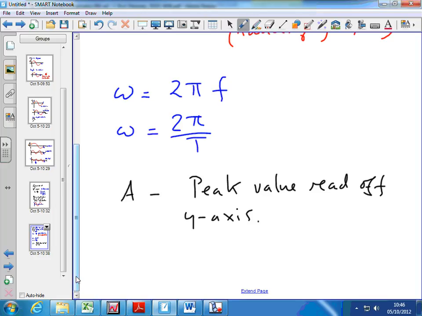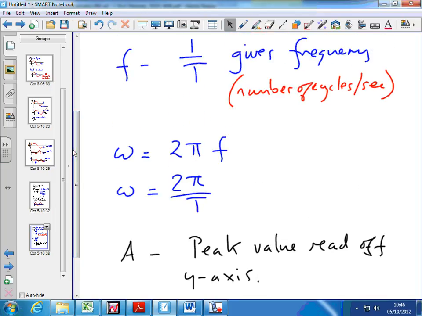So that's how we can use the wave function. If we've got the wave function and we want to find out some values from it, we can find the amplitude, the angular velocity, the frequency and the period, all just by looking at the wave and taking some values off it.